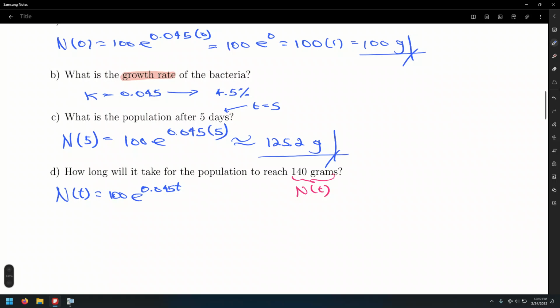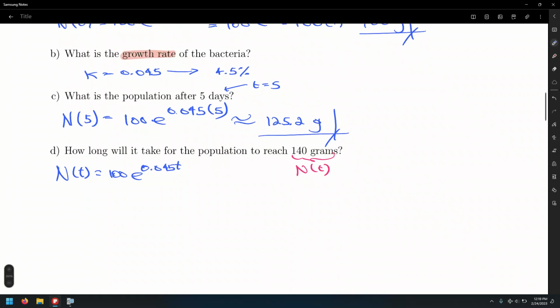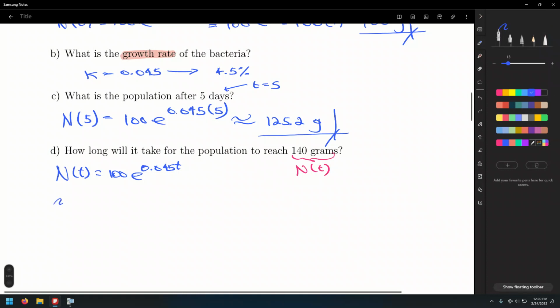We want to know how long it will take for the initial population of bacteria to become 140. So that's 140 equals 100 e to the 0.045 t.